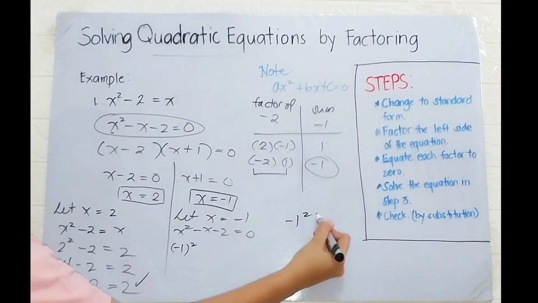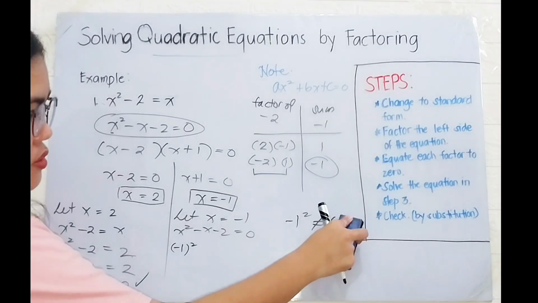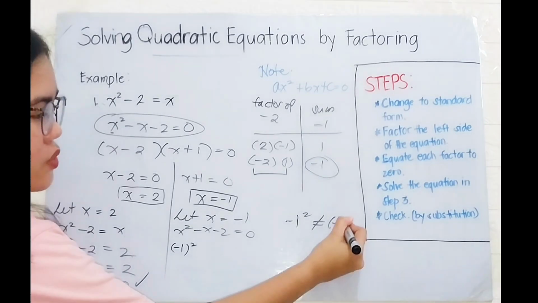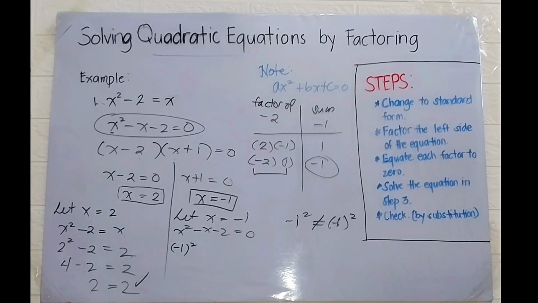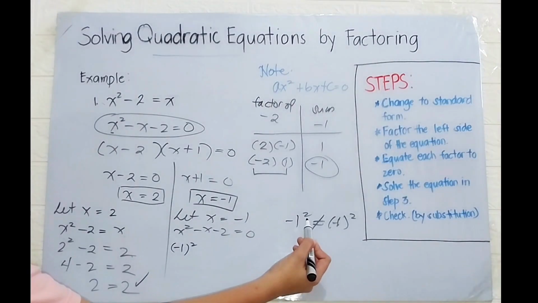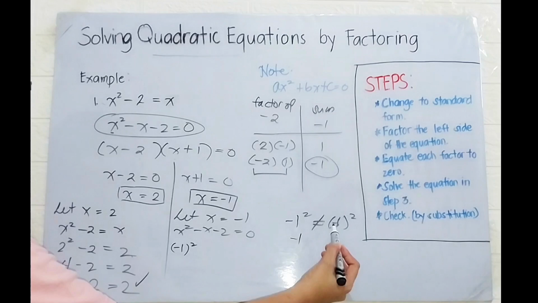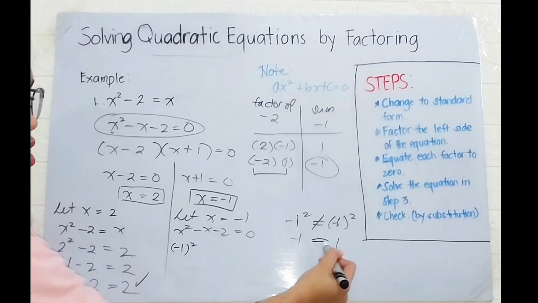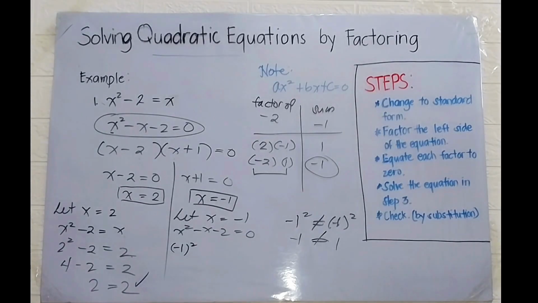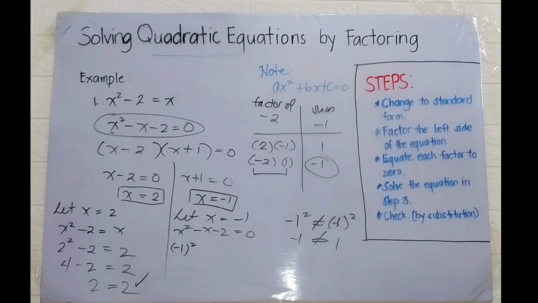Because negative 1 squared is not equal to negative 1 squared with parentheses. If you have doubt, you can check it using your calculator, because negative 1 squared without parentheses will equal negative 1, and negative 1 squared with parentheses will equal positive 1. So, they are not equal. So every time you substitute a negative value of x, put parentheses, okay?